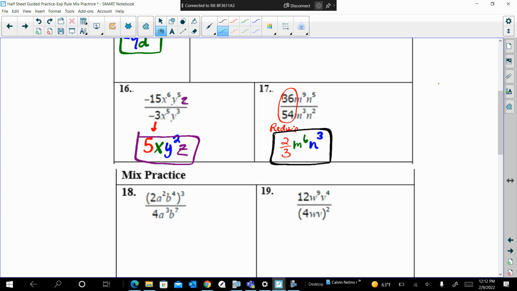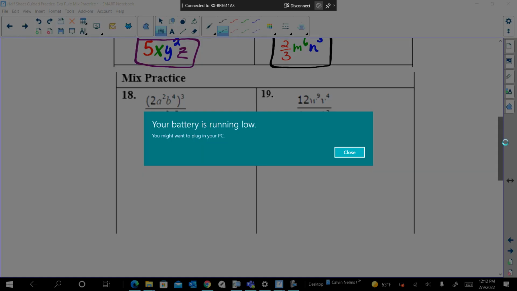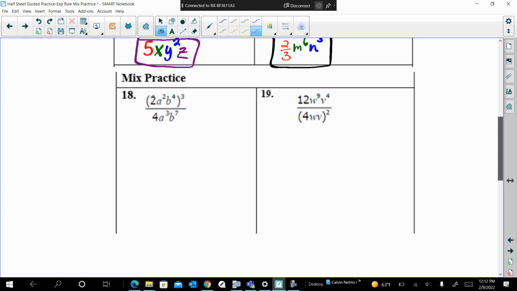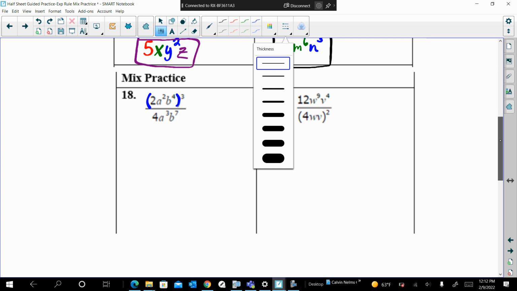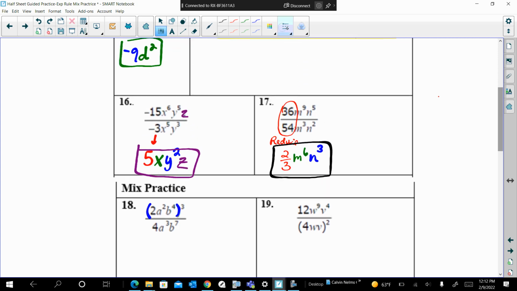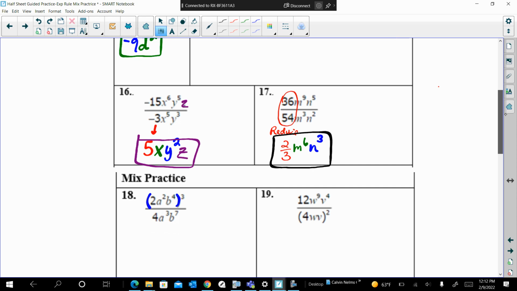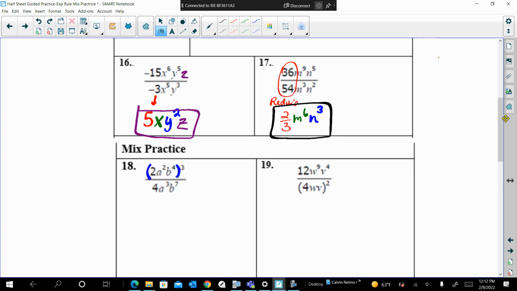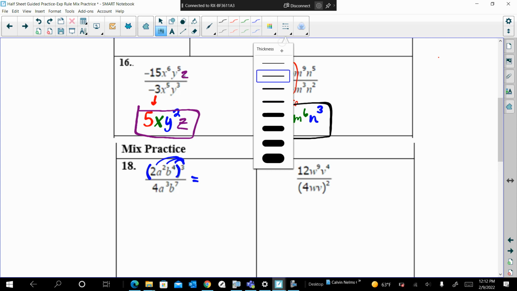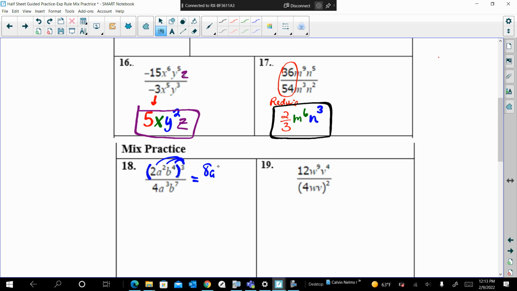All right, so on the mixed practice here, you're going to need to do your parentheses first. All right, so when you distribute the 3 exponent to every term, the top now becomes 8, a to the 6th power, b to the 12th power.